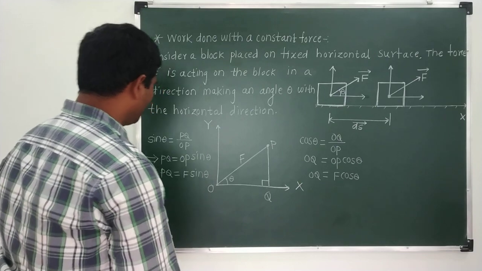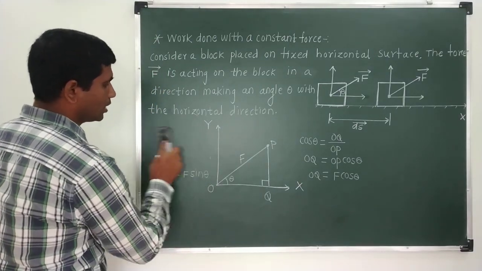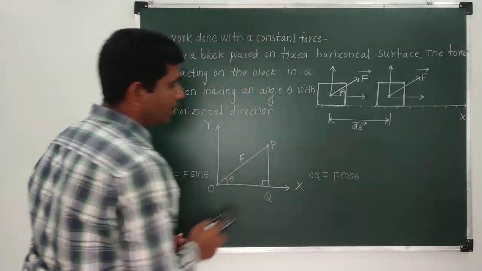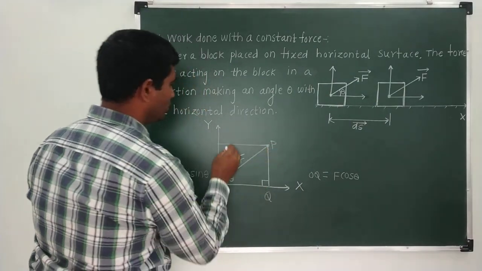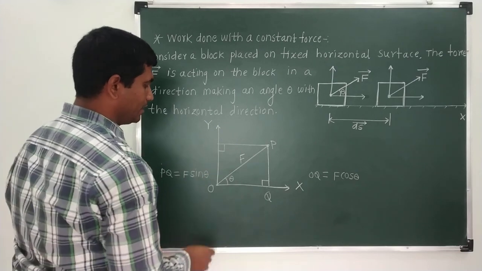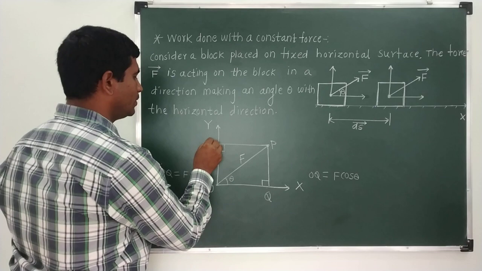Now I will erase this part, and this part as well, because I just wanted to find the values of OQ and PQ. Now I will draw a perpendicular from this axis as well. Whatever PQ is, OR will be the same.